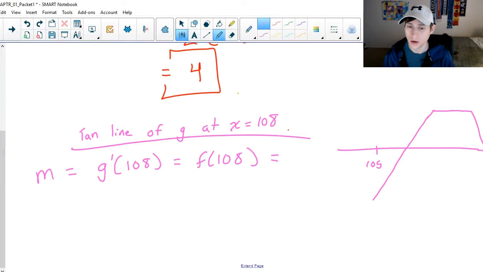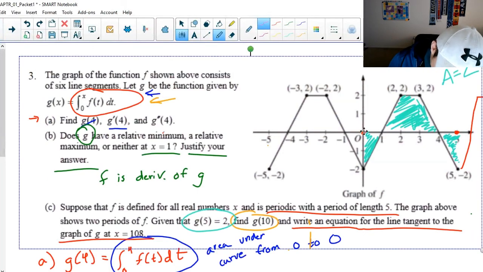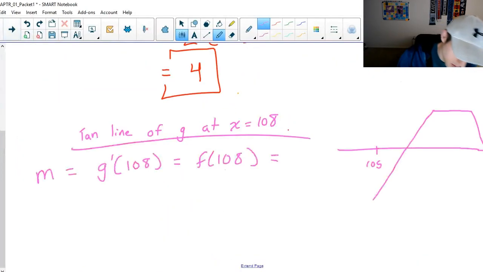I want to know at 108, what is it? If 105 is the starting point, then 106, 107, 108 would be where that 3 is. So what's the y value there? 2. So f of 108 is 2.